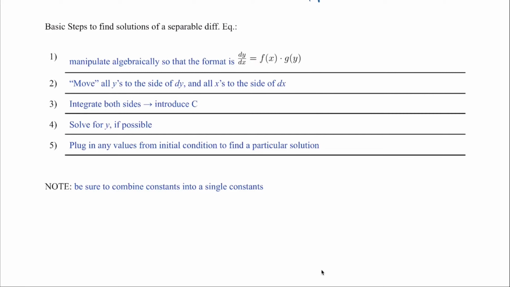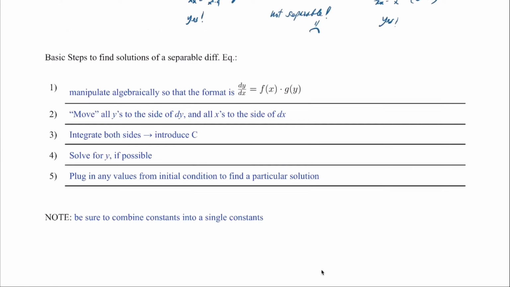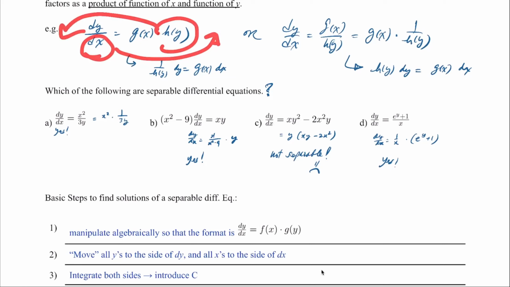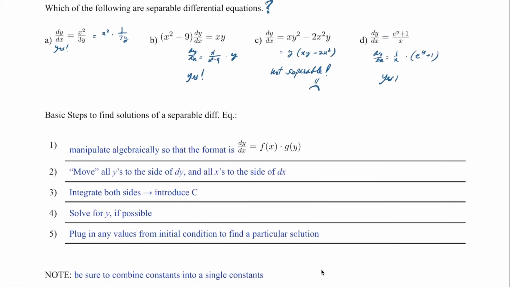And then we're going to move all of the y's to the side of the dy and move all the x's to the side of the dx. And that's essentially what I did over here. See that? I pull out the dx to this side, put the h of y to this side, and that's what we do, right? And then we're going to integrate both sides.